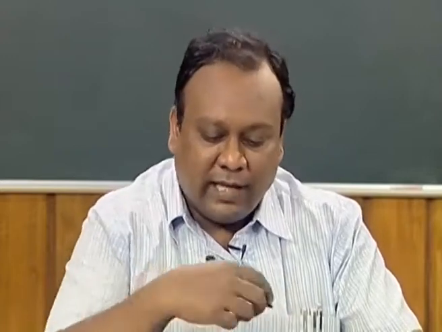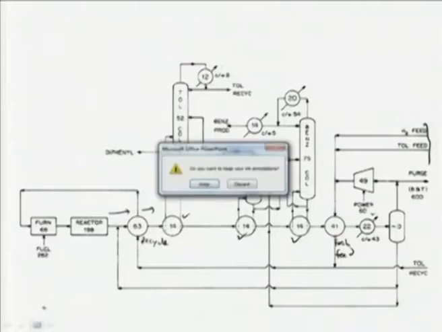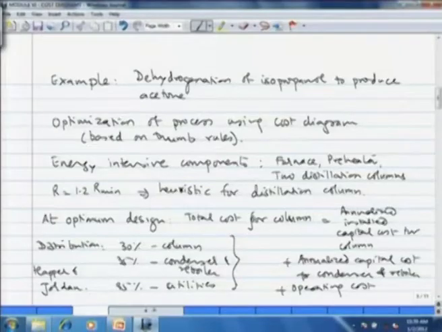Now if we have a cost diagram like this, then it is difficult to identify the areas of optimization. Therefore, somehow we have to simplify this particular cost diagram. Now how can we do that? We introduced the concept of lumping of the cost.